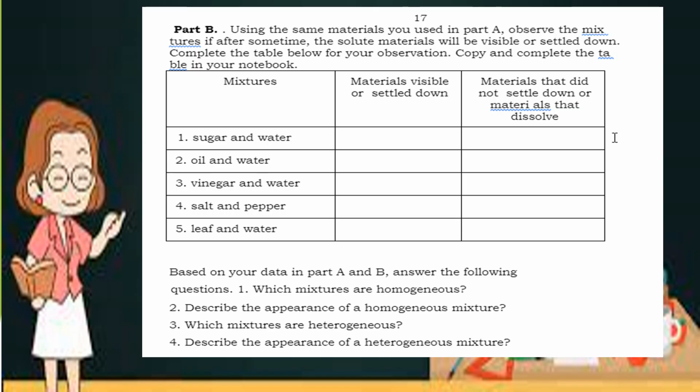You're going to copy the words and put them in the blank rows. Based on your data in Part 1, you're going to answer here: which mixtures are homogeneous? Describe the appearance of a homogeneous mixture. Which mixtures are heterogeneous? Describe the appearance of a heterogeneous mixture.